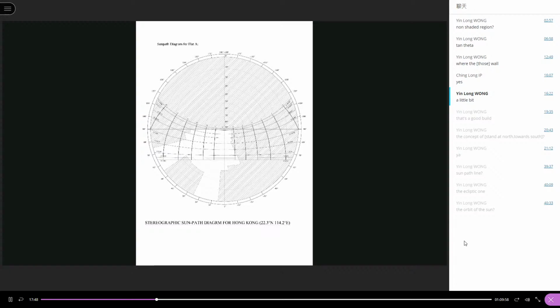So what I have done is for flat A, and we can examine when flat A will see the sun. For flat A, can the occupants see the sun rise? No, because when the sun rises, the sun will be over here, and it is invisible. So the occupants in flat A will not be able to see the sun in the morning until around 11 o'clock in the winter.